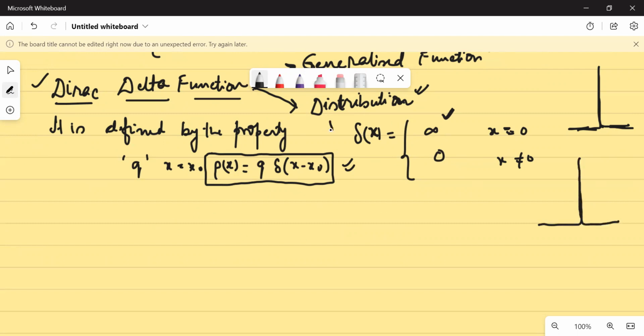That is the first thing. The second thing is, if you integrate from minus infinity to infinity, all this contribution is zero, all this contribution is zero, and exactly at this point the delta function gives some kind of area. I'm saying that the area under this spike should be equal to 1.